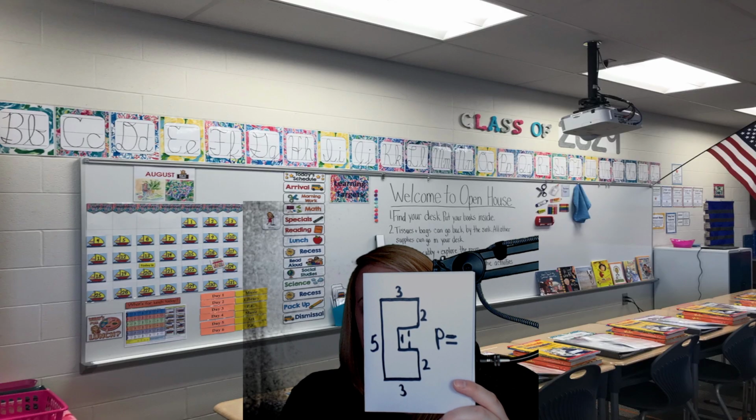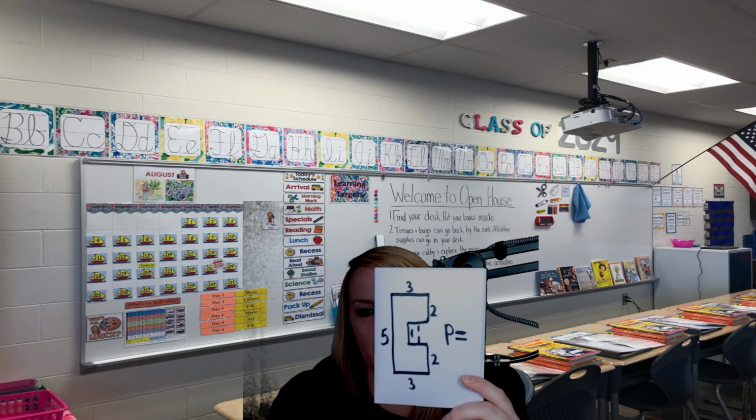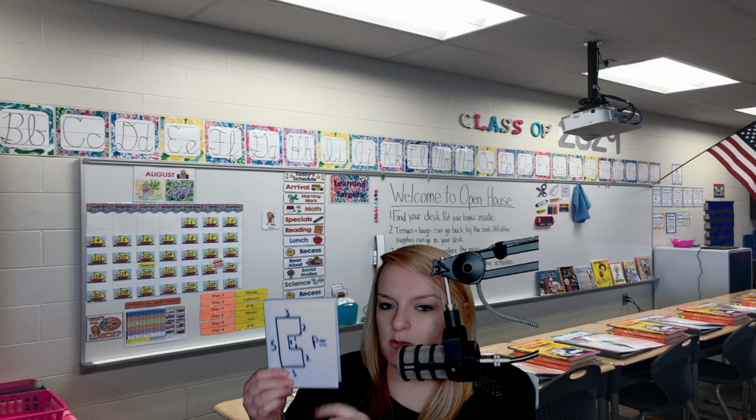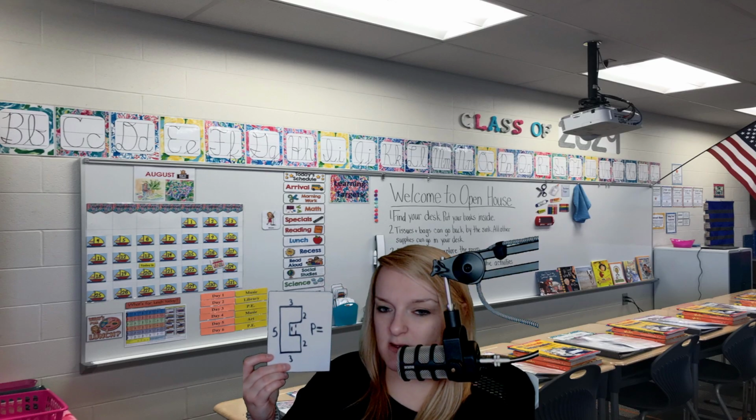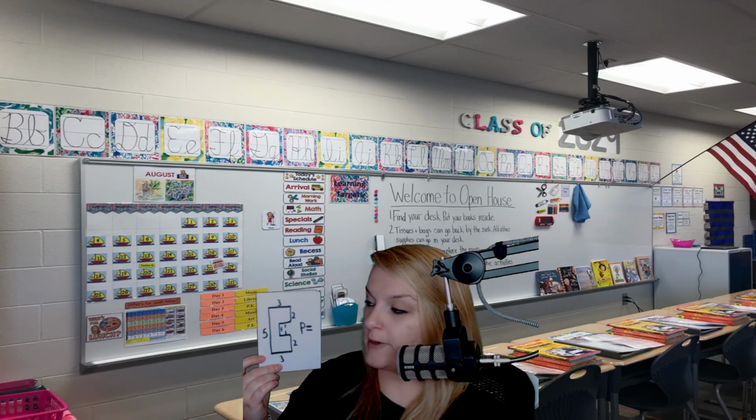If you need some more time, go ahead and pause and solve before you keep watching. If you're ready, we're going to try this one out. I'm going to pull it back over here again just because it's hard for me to do it backwards.